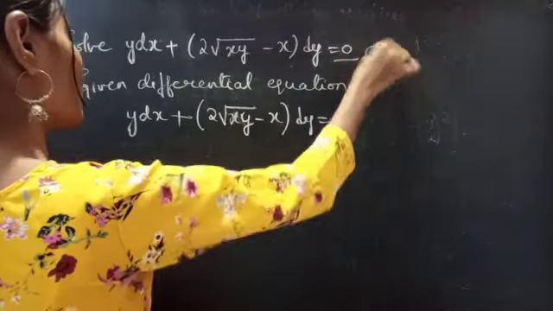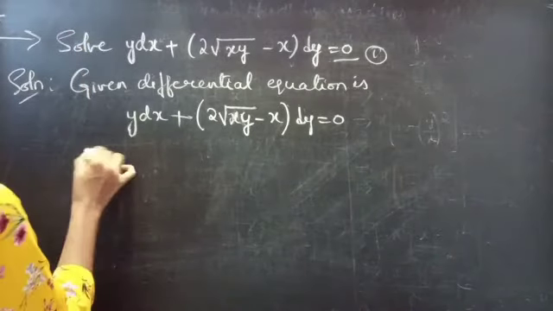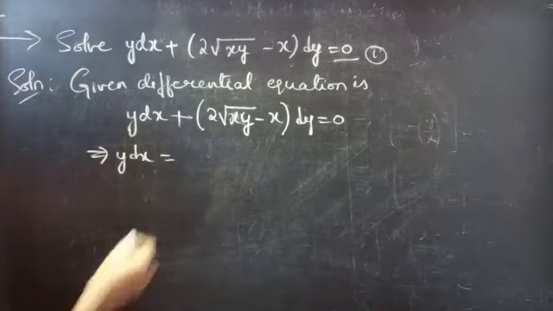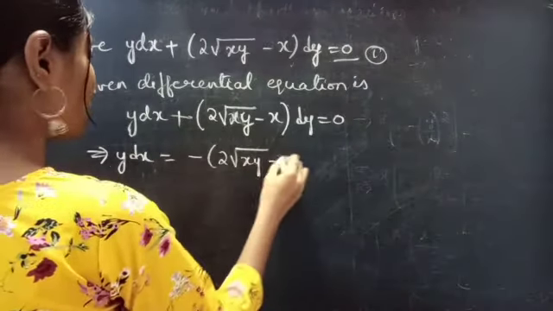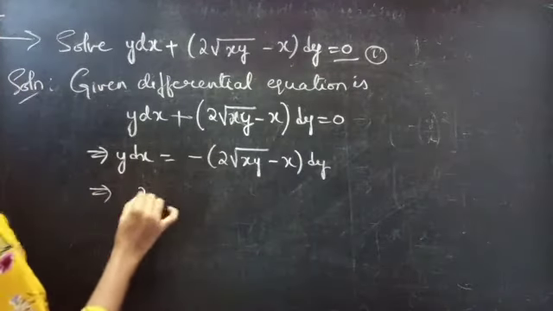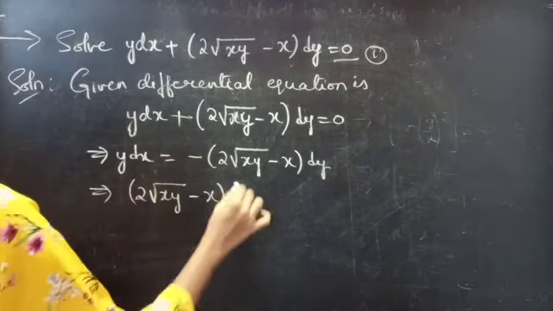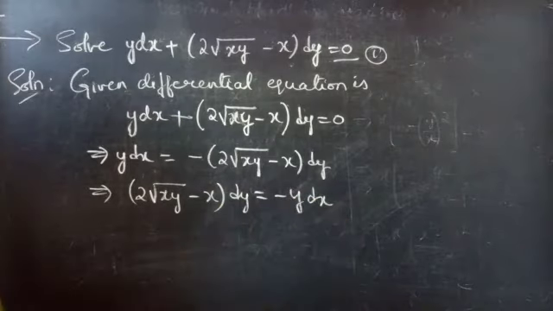Let's consider it as equation 1. So you can write this as y dx equals to minus of 2 into square root of xy minus x into dy, or 2 into square root of xy minus x into dy equals to minus y into dx.